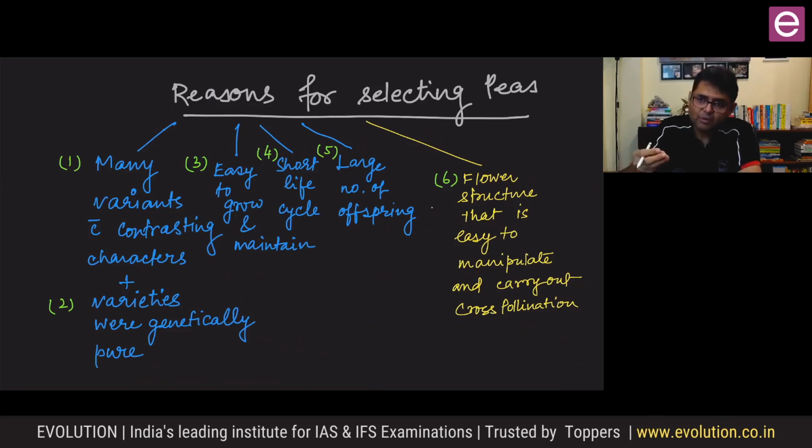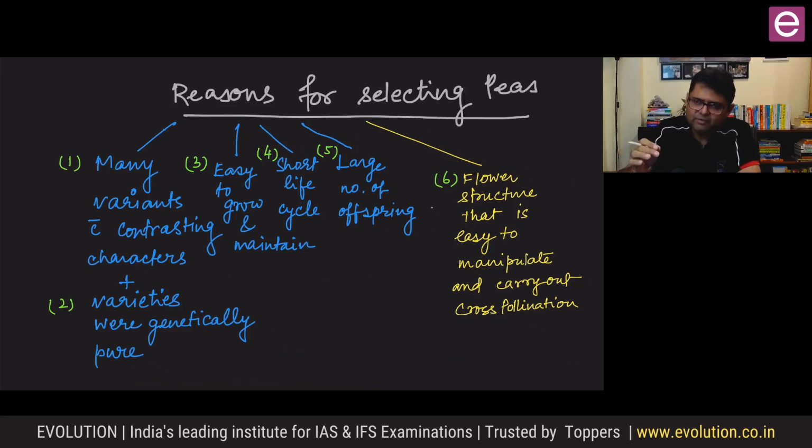If you take the pod, again the color could be yellow or green. Similarly, the shape of the seed could be full or wrinkled, round or wrinkled. Similarly, the color of the flower could be purple or white.